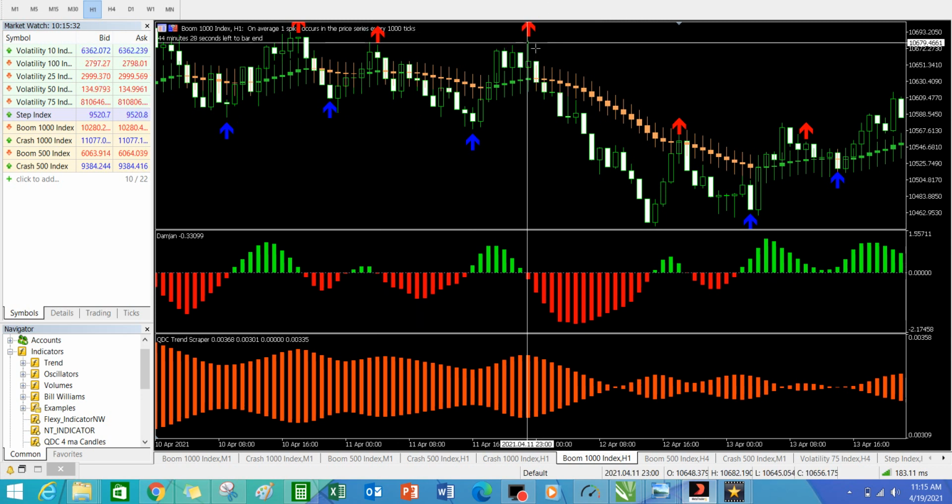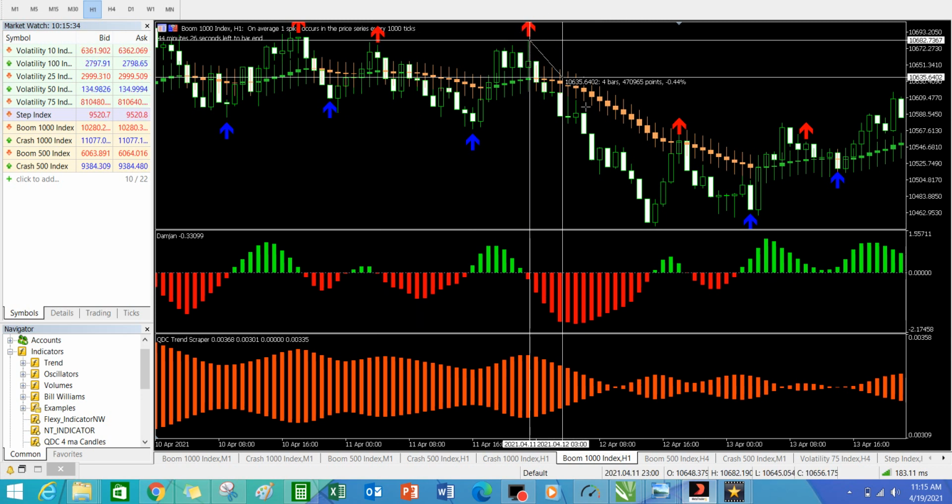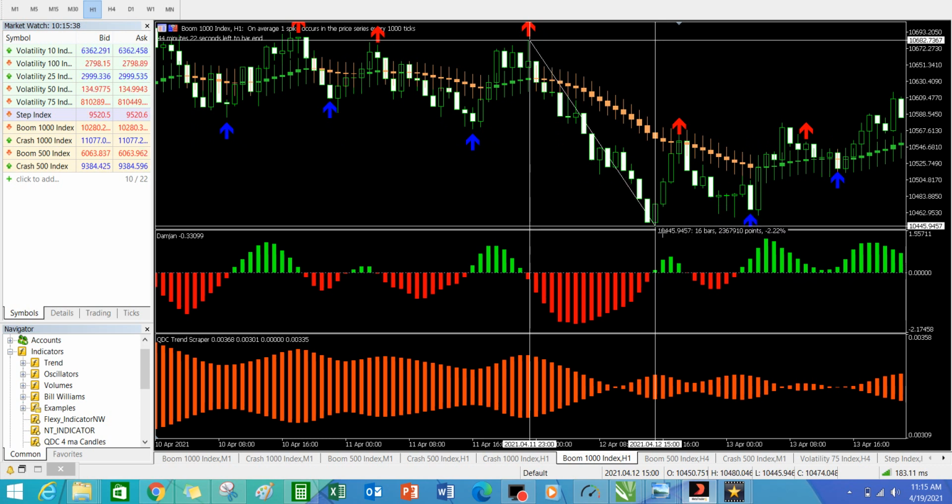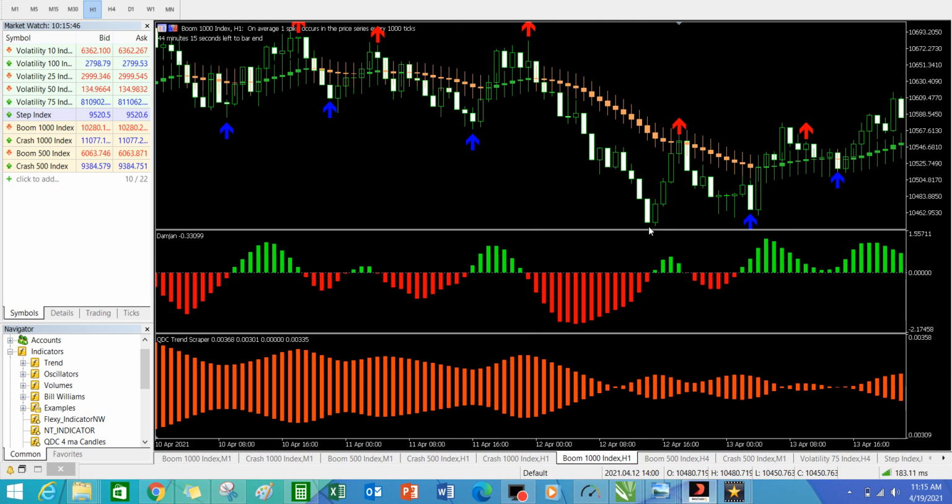Check out this also. This is another sell signal. We are focusing on the sell signals because the market is on a downtrend at this particular point, so this is another opportunity for you to sell. This is a 15 hour trading opportunity. And here on this sell signal, we got our inverted hammer showing.